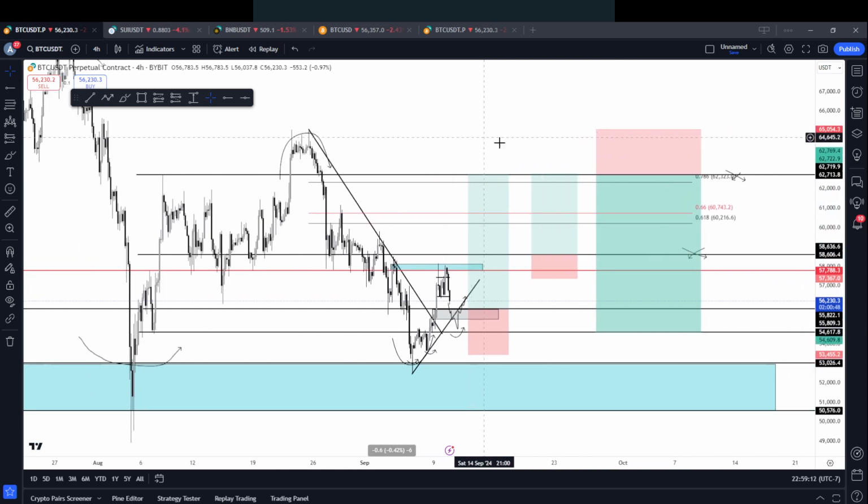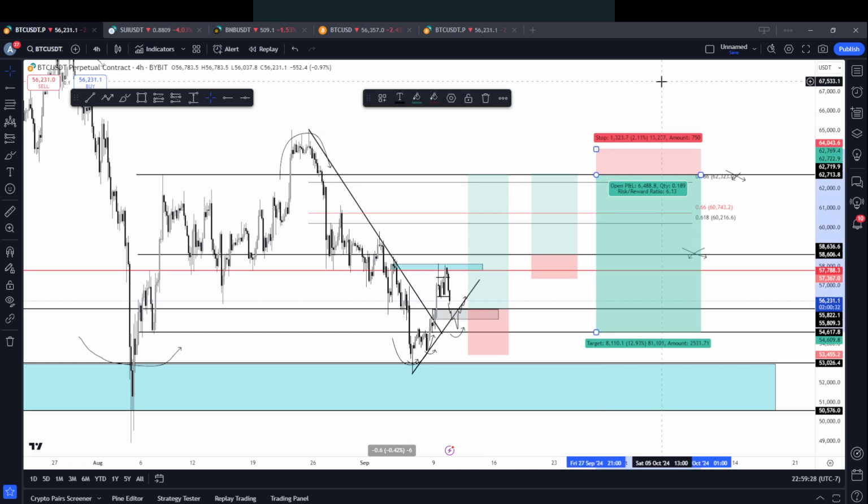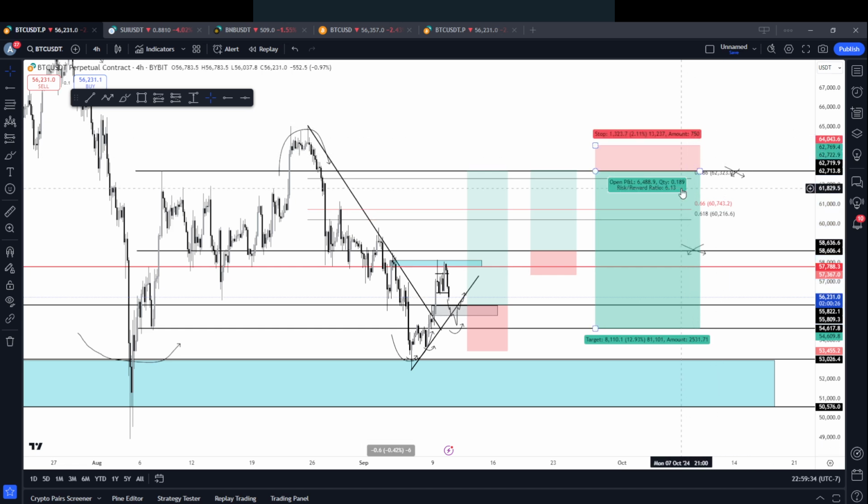Okay, now this stop is a little bit wide. It's about 2.3k difference between the entry and the stop loss. So if you're taking this wide of a stop, you'd have to go with lower position size. Otherwise, you have to adjust your stop loss to probably like here, right? So if you enter around 62.7, stop loss around 64k-ish, now you have a higher risk to reward, same size as you would if you were to do this, right?